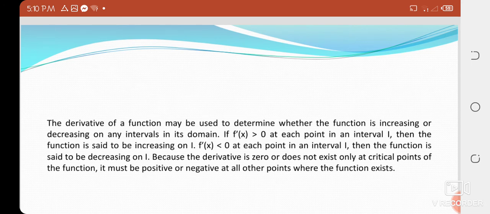Next, the derivative of a function may be used to determine whether the function is increasing or decreasing on any intervals in its domain.